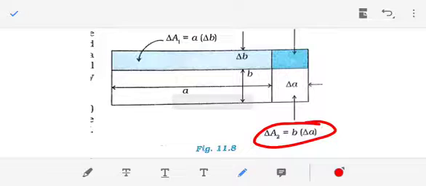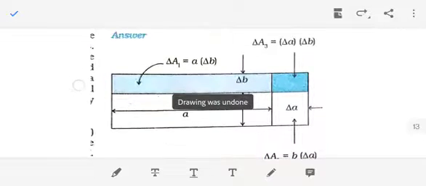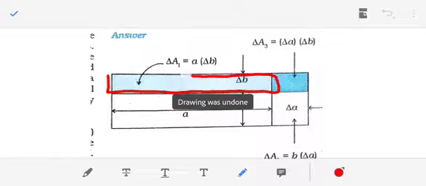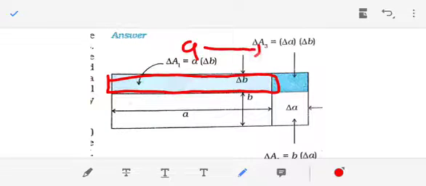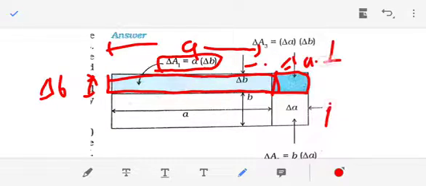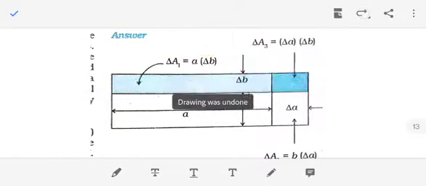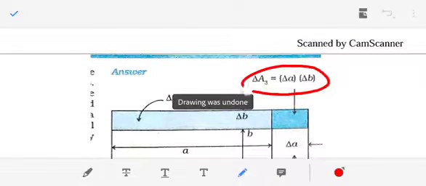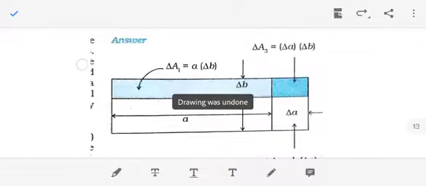This is B times delta A. For this area, this value was A and this is the increase in breadth, delta B, so this area delta A1 will be equal to A into delta B. And for the third area, this side was delta A, the change in length, and this side was also delta B, the change in breadth. So the area of this part, delta A3, will be delta A times delta B. This is the third change in area.